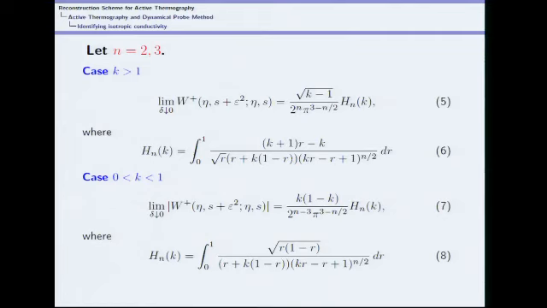For this isotropic case, when I assume n equals 2 and 3, W plus has some explicit form. It also has an explicit form when we take delta to 0.